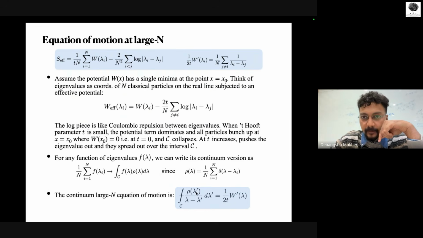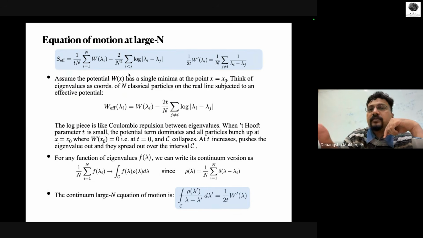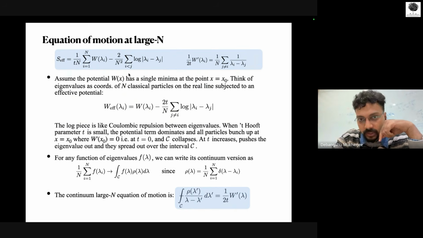This is one way. The second way is you can directly go to the continuum limit in S effective itself. In which case you will get a single integral in the first term and a double integral, but with a cut. So you have to do a careful thing because i cannot be equal to j. I think I have the expression of S effective in the continuum limit later. And all you have to do is the same thing.